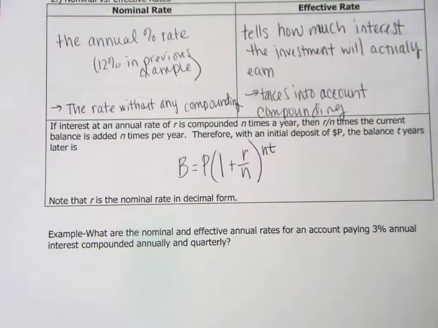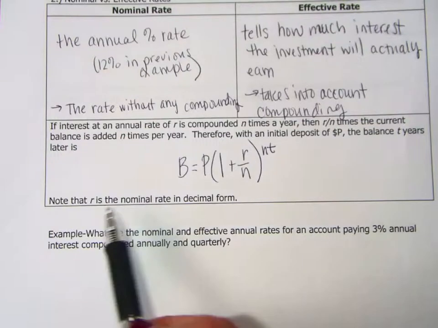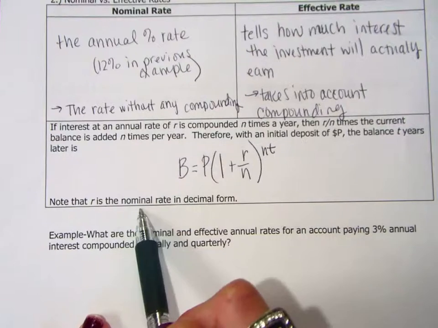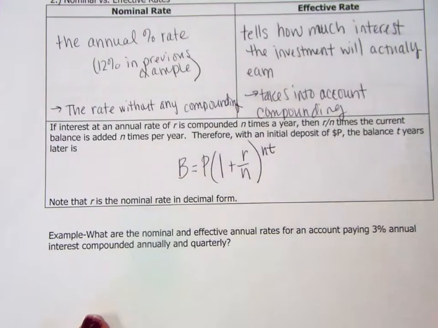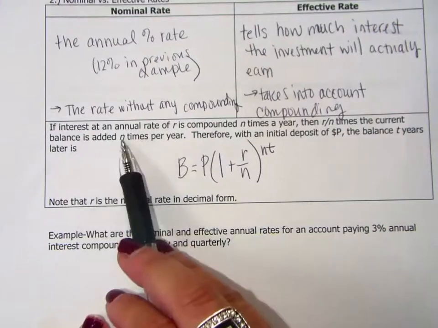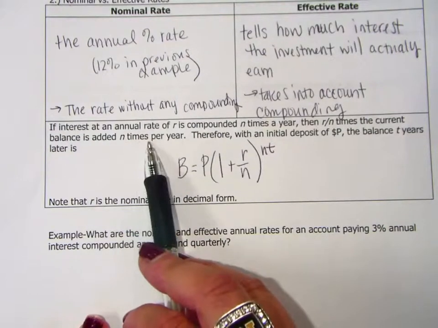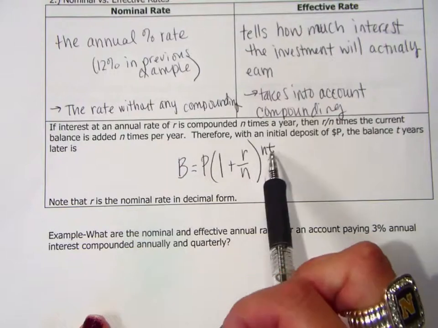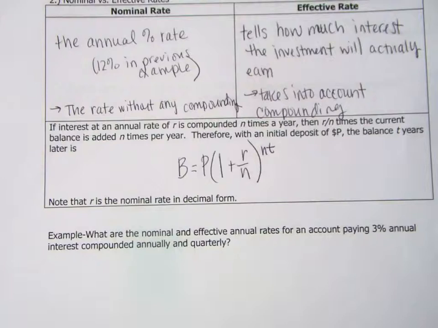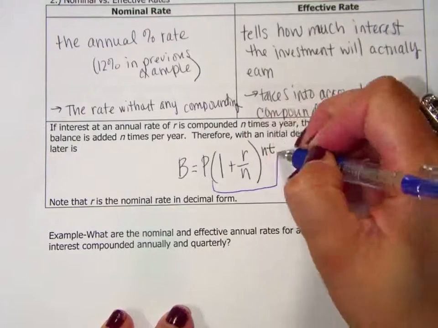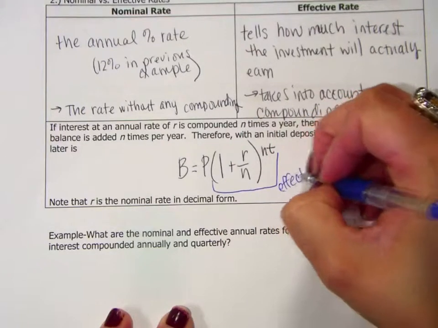Note that R is your nominal rate, N is the number of times per year that you are compounding, and T is the number of years you have invested. This portion of the formula will give you your effective rate based on the nominal rate R.